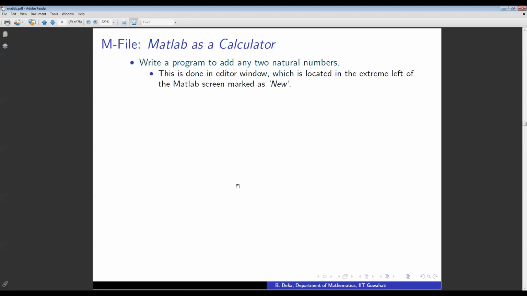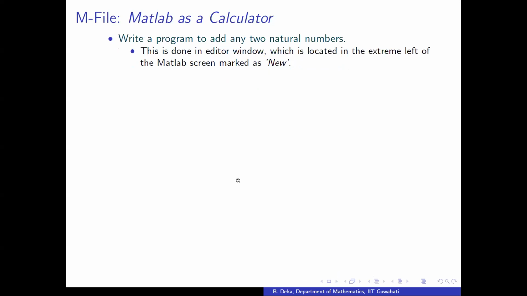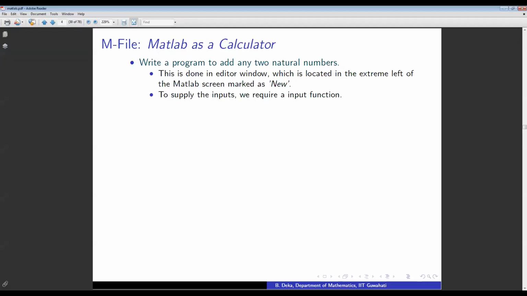So now what exactly is your question? Your question is that you have to add any two natural numbers. That means the natural numbers have to be given as an input from the keyboard. So let us see how inputs are given in the MATLAB file.